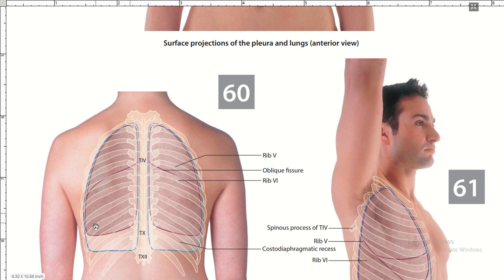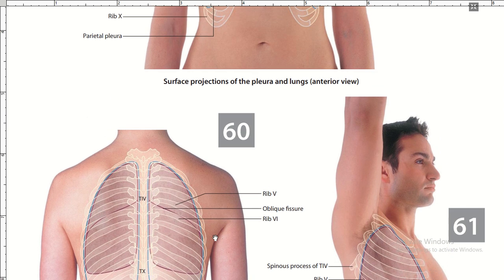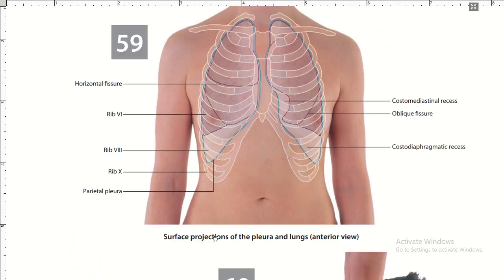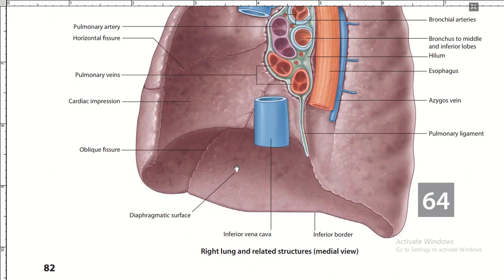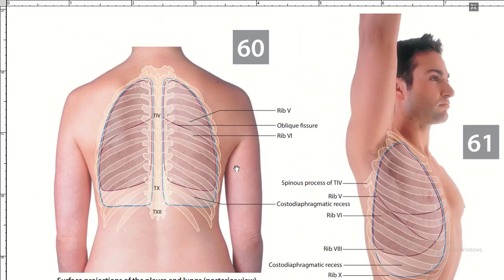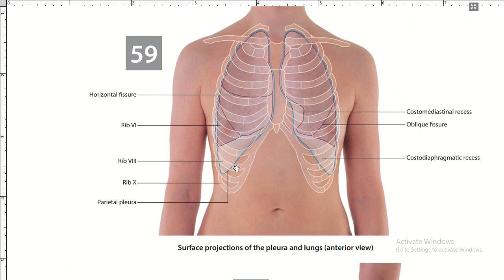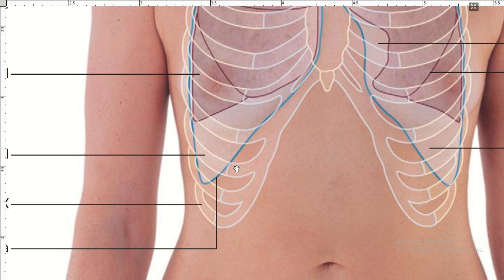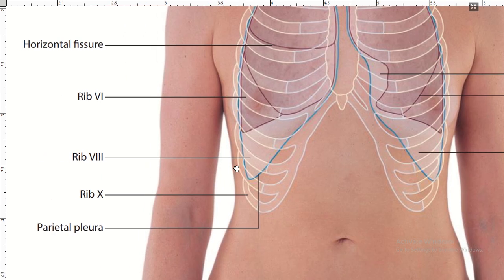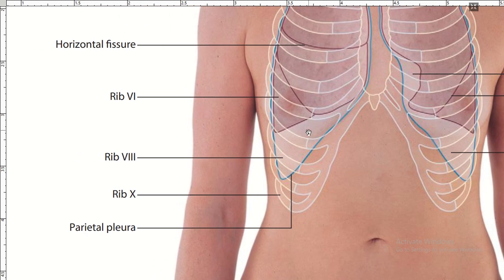And then your inferior border now, that's the one I want you to take note of very much. There's an inferior border of the lung and there's an inferior border of the parietal pleura. They are different.